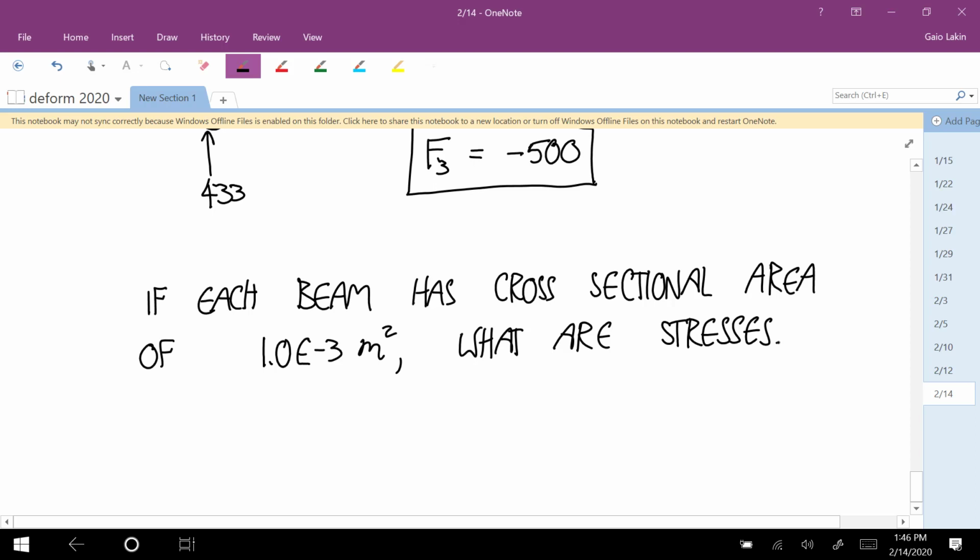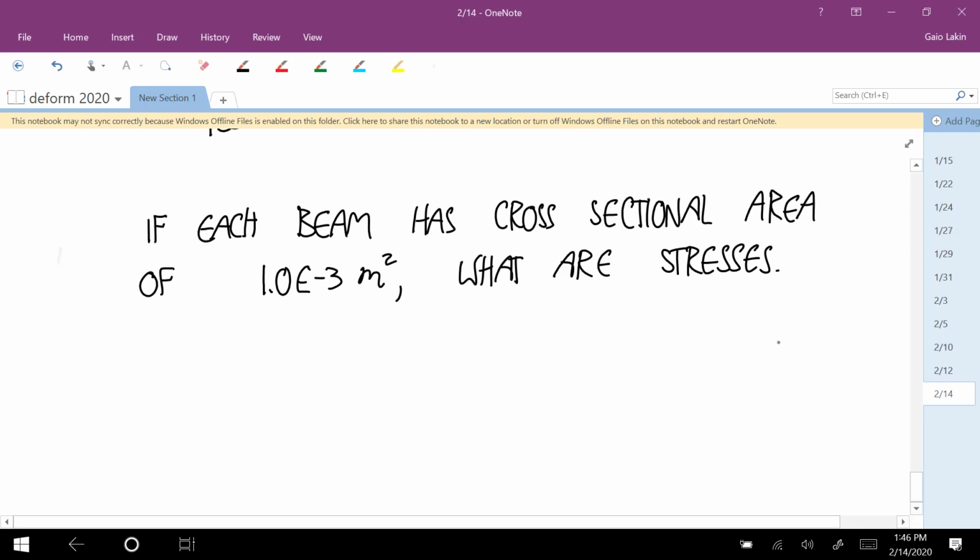Well, for each one, let's assume that the x-axis, so we can use different coordinate systems for each one of these, that's fine. So let's assume that the x-axis is along the loading axis of the beam.